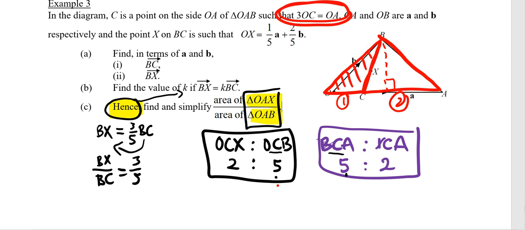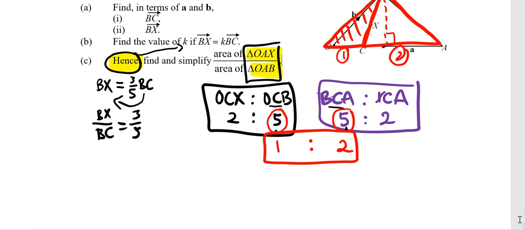So again, we will just take the base ratio for comparison of area. Now, if you look at these 3 different comparisons, it means that the 5 units here is actually half of the 5 units over here.